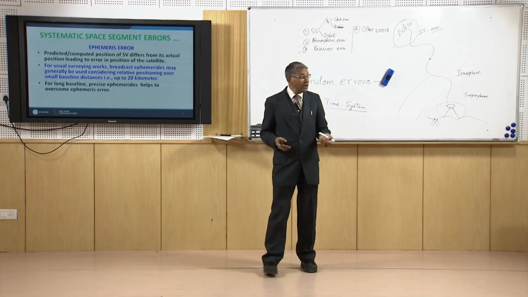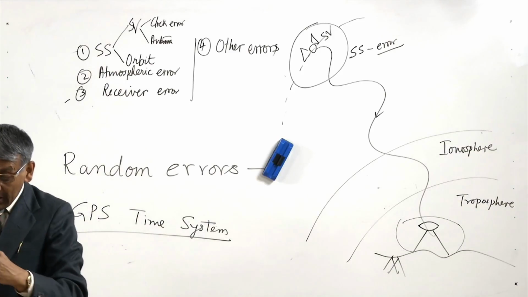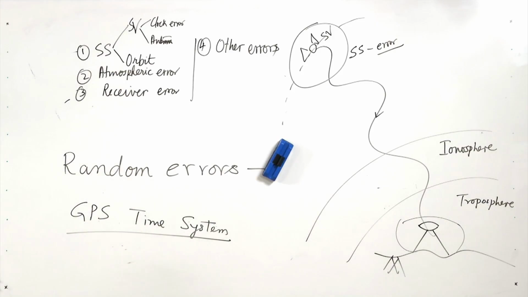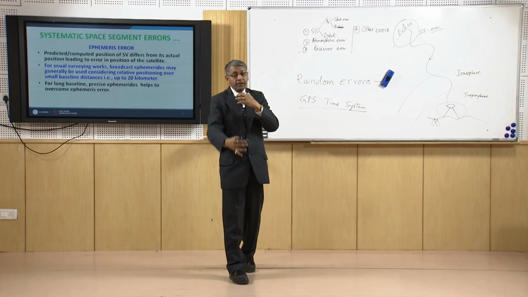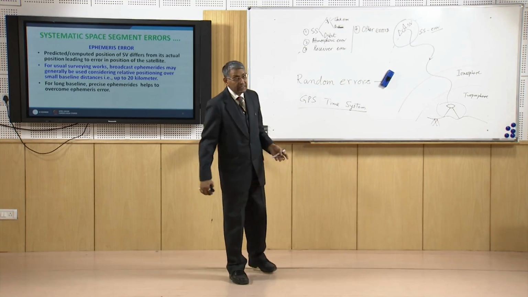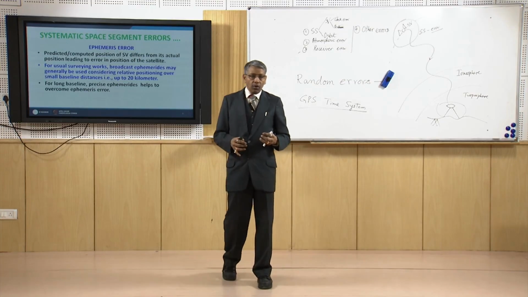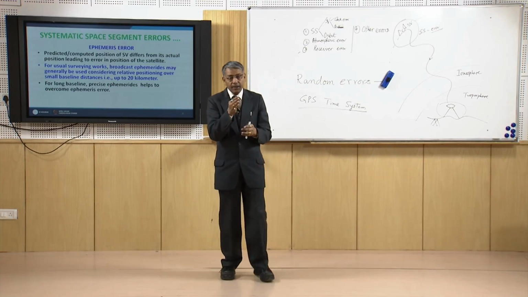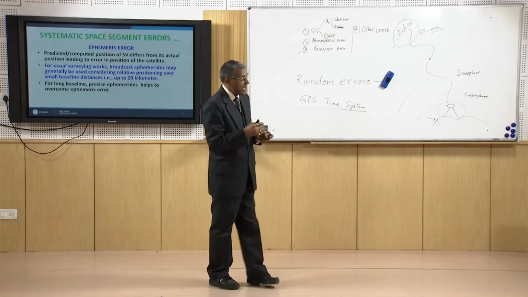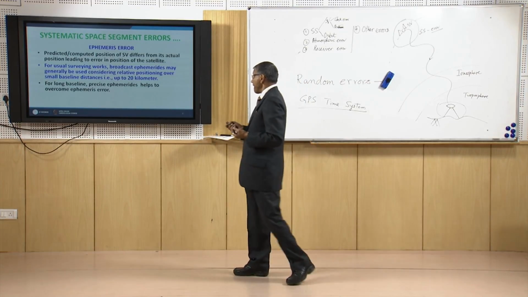And the third error is the ephemeris error, which is the orbital error, that means the satellites are planned to move around the earth at a certain orbit, but it is not possible for the satellite to move as per the desired orbit. There will be some variation, and those variations are known as ephemeris error.